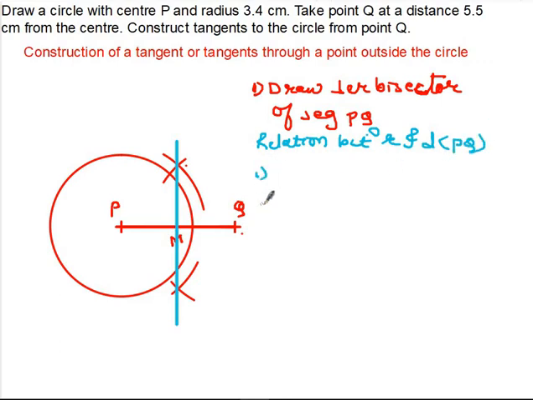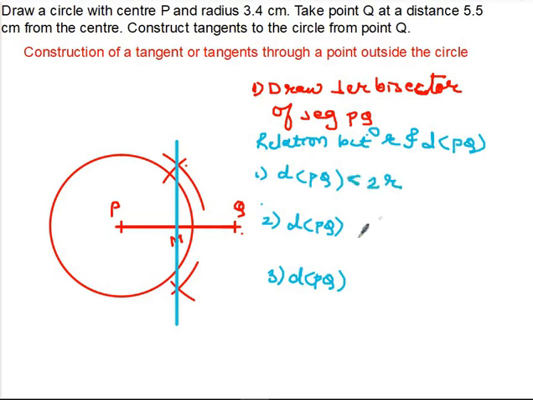There are three possibilities here. This distance PQ has three types of relations with the radius of the circle. If distance PQ is less than 2 times the radius, it can be equal to 2 times the radius, or it can be greater than 2 times the radius.